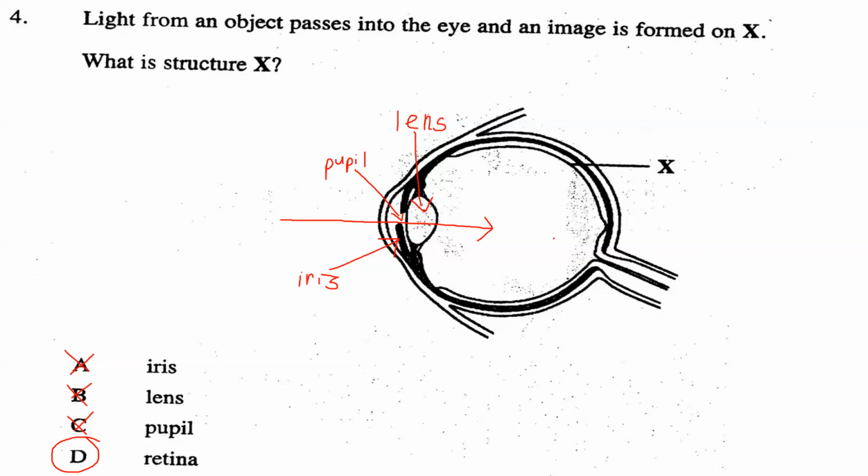Light from an object passes into the eye and an image is formed at X. What is structure X called, Tyrone? Is it the iris? Is it the lens? Is it the pupil? Or is it the retina?